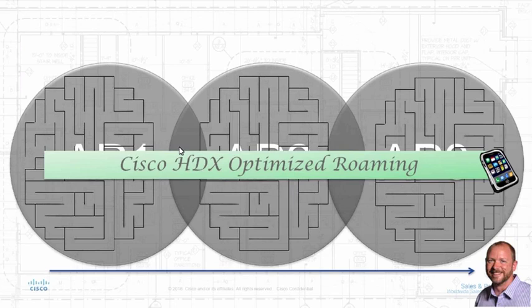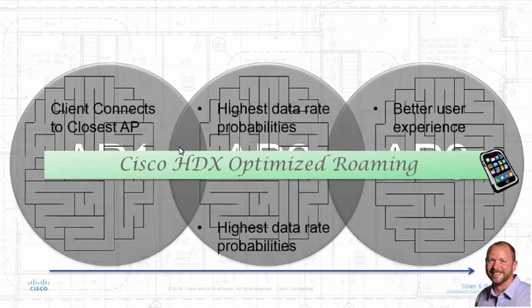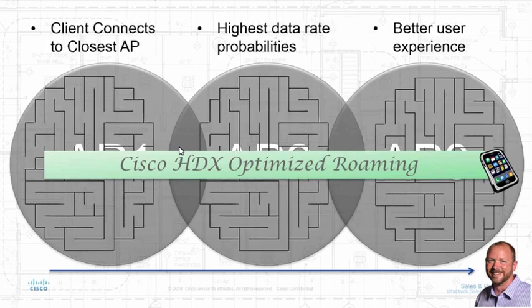And so as it roams, you are connected to the access point that's closest to you. As a result, you'll be able to connect at the highest possible data rates, which is great for me, but it also makes me a better Wi-Fi citizen because if I can say what I need to say really quick, that means that there's more time for other people to say what they need to say. So this is called optimized roaming.